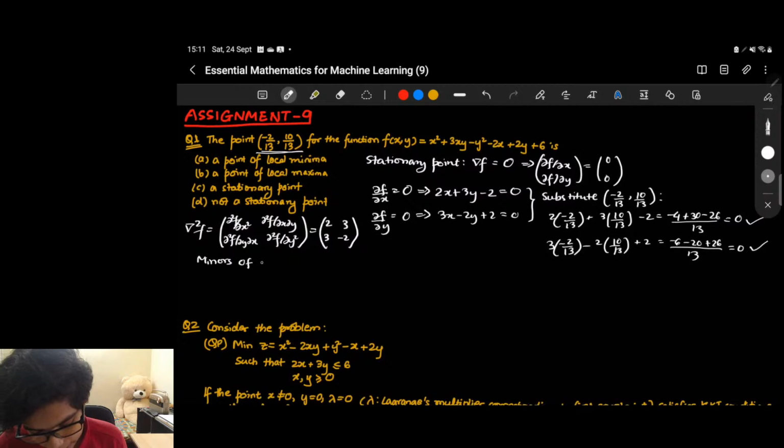Minors of order 1 cross 1 are 2 comma minus 2. Minors of order 1 cross 1 are simply the diagonal elements, and the minor of order 2 cross 2 is simply the determinant.